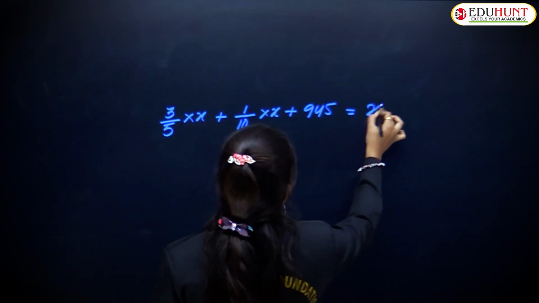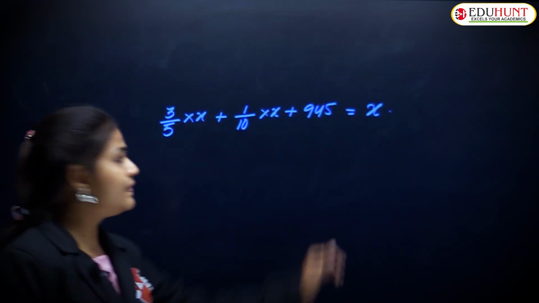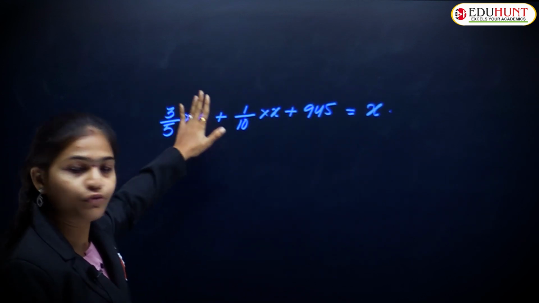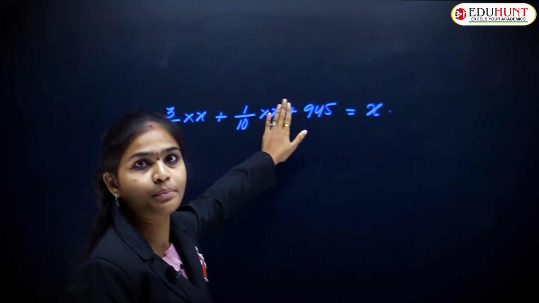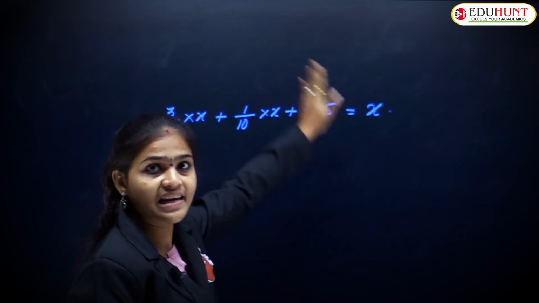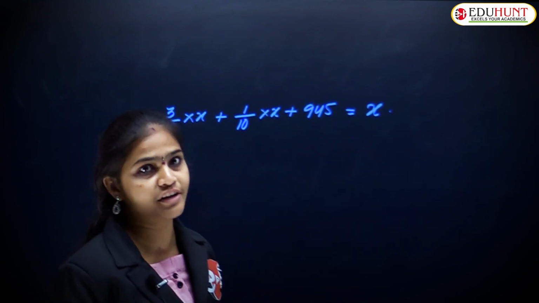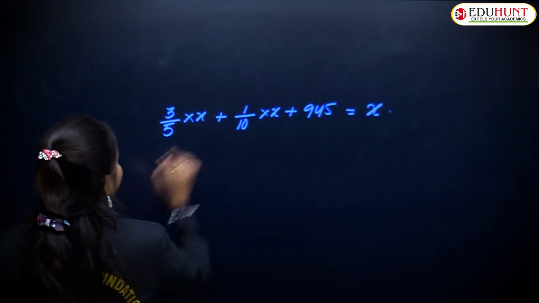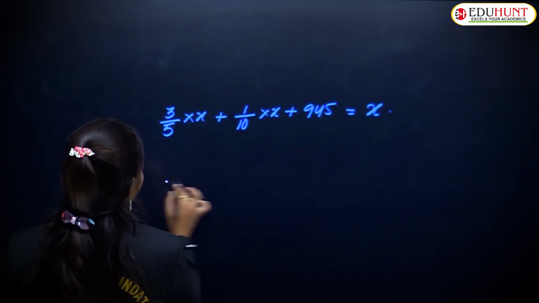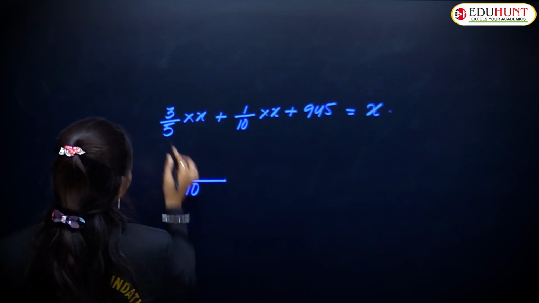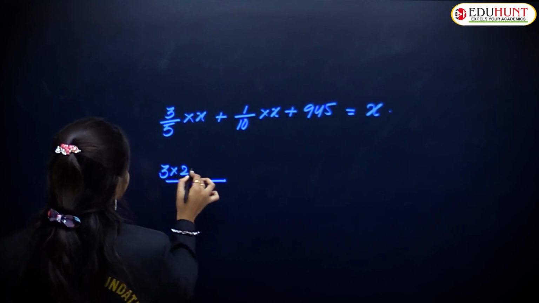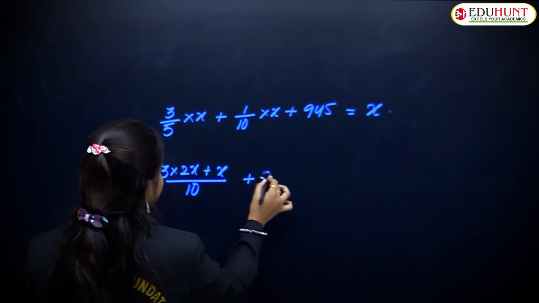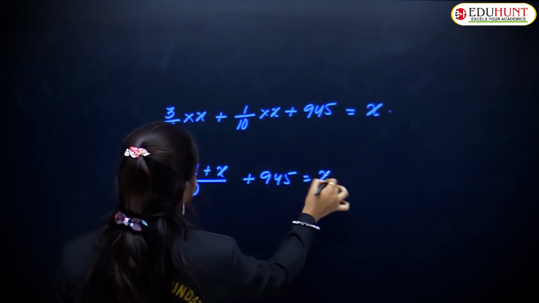So, here x we need to find out. Here 3 by 5th part she spent on food and she spent 1 by 10th part on clothes and she is left with the money 945 rupees. So, we need to find the total income. So, here just take that LCM. 5 and 10 LCM is 10 and here 3 into 2x plus 1 into x is x plus 945, which is equals to x.